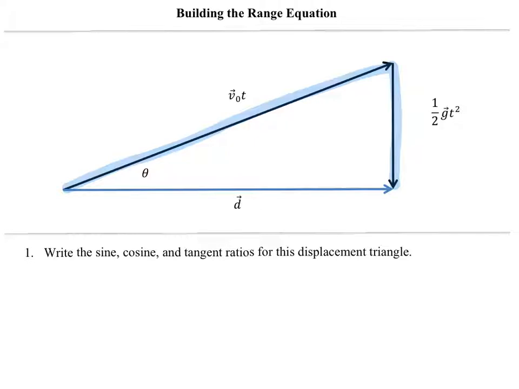And as we learned early on in the course, if you put any two vectors tail to tip, the resultant vector is a vector drawn from the tail of the first vector to the tip of the last one. And so we're going to build the range equation as it says up here in the top.